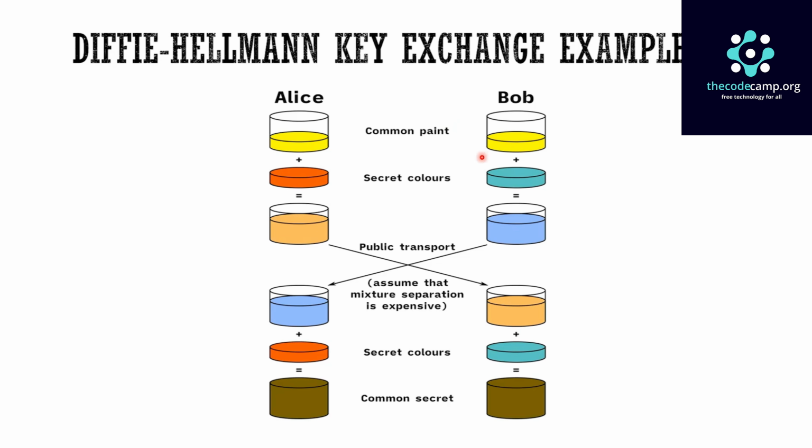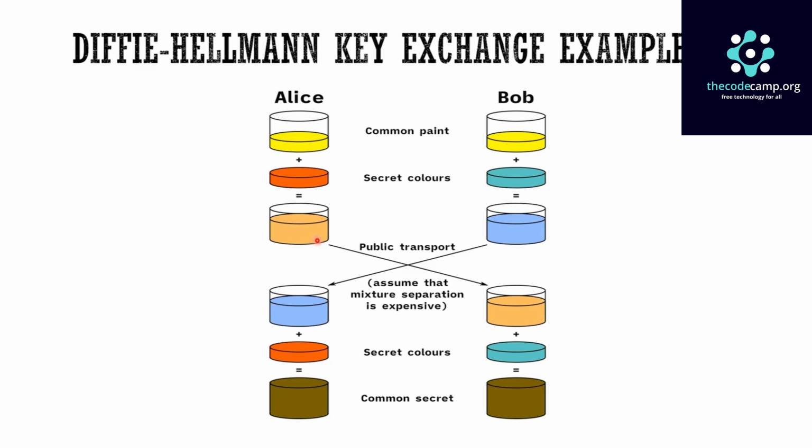I don't know if this is exactly correct, but just go with me. Now, this orange thing is Alice's public key. This light blue is Bob's public key. They give each other copies. They trade them. And anybody can intercept that if they want, because the secret is that nobody has the private key. So anyway, we trade.